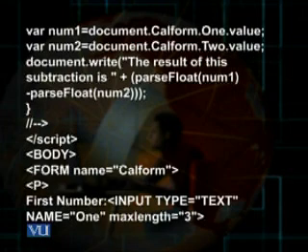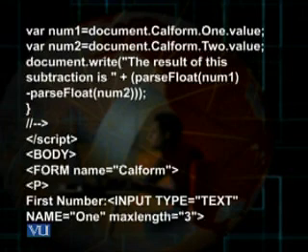Within the string, I write the result of this subtraction is, then the concatenating plus sign, and after that parseFloat(num1), and now here instead of plus I write minus: parseFloat(num1) - parseFloat(num2). That means that the value of num2 will be subtracted from the value of num1, and the result is then displayed on a web page.